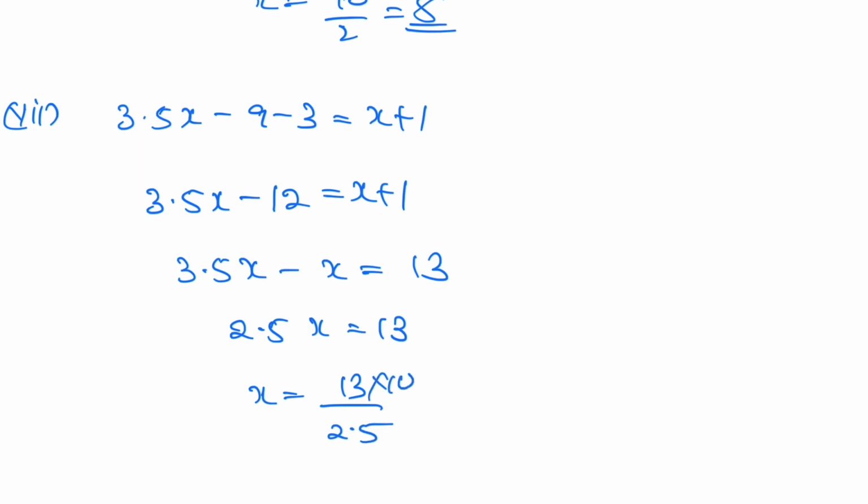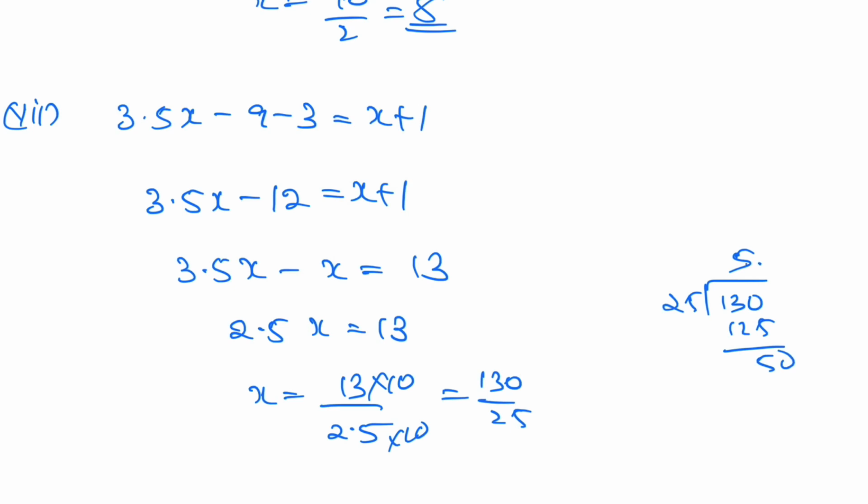So into 10 I will get 130 by 25. So 130 by 25 will give me what? 5 5s are 125, 5 balance. So your answer will be 5.2.